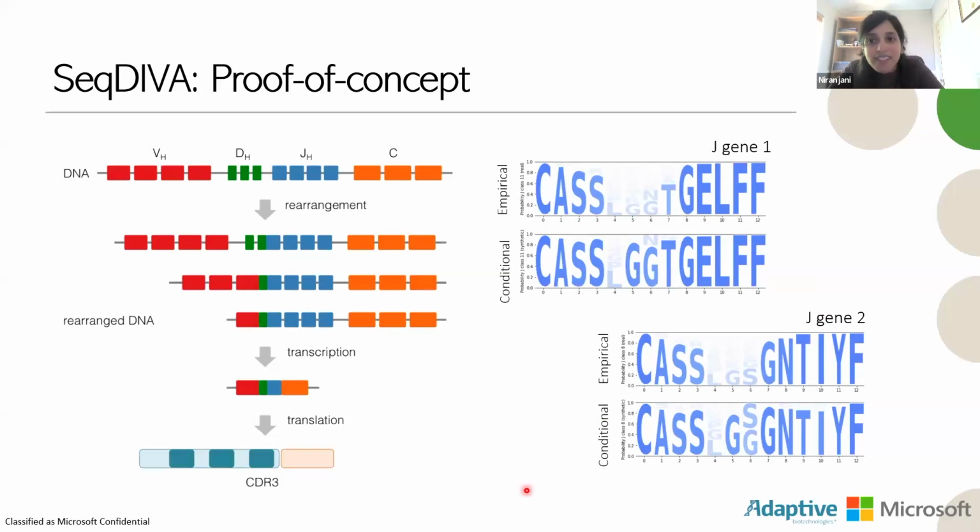We also find that we're able to generate sequences conditioned on the J gene quite faithfully. We know from the biology that J determines the end of the sequence, and we see that this is the variable part when conditioned on different J gene labels. We also see that generated sequences correspond reasonably well to the empirical distribution for this J gene, although we do see a little less variability.